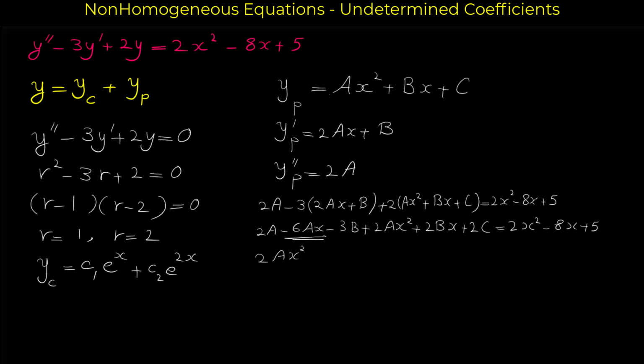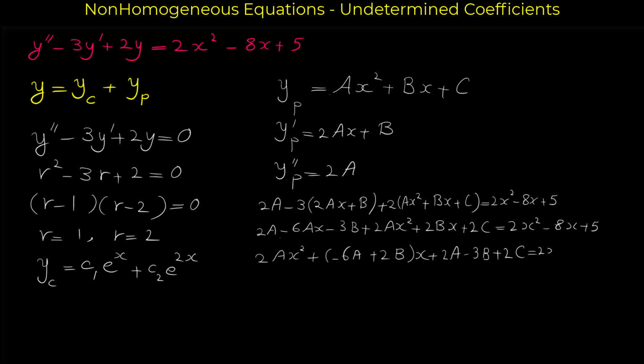We have this term with x and this term with x. So the coefficient of x on the left side is negative 6a plus 2b. And these are the constants on the left side: 2a minus 3b plus 2c.